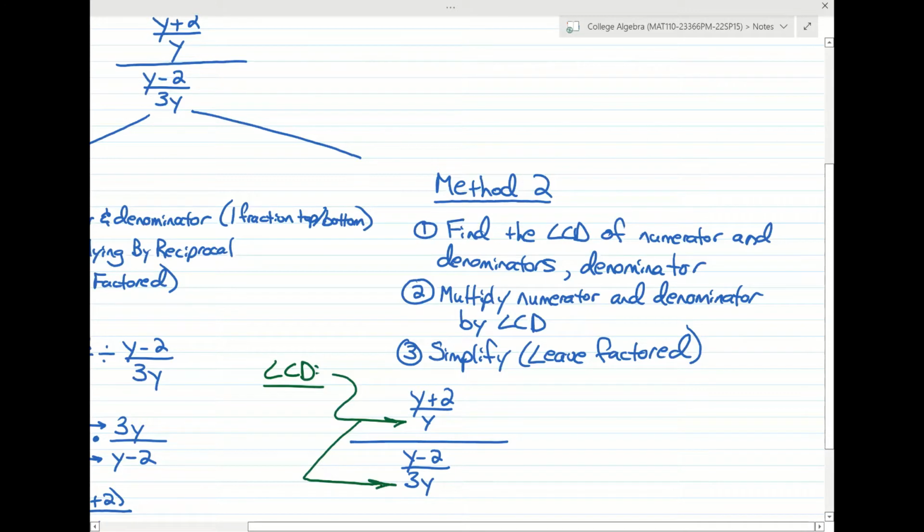We talked about this in our last class. The least common denominator between y and 3y would be what? Well, we need a factor of y. We also need a factor of 3. So the least common denominator for the top and bottom would be 3y. What we're going to do is we're going to multiply the top by 3y, and we're going to multiply the bottom by 3y.